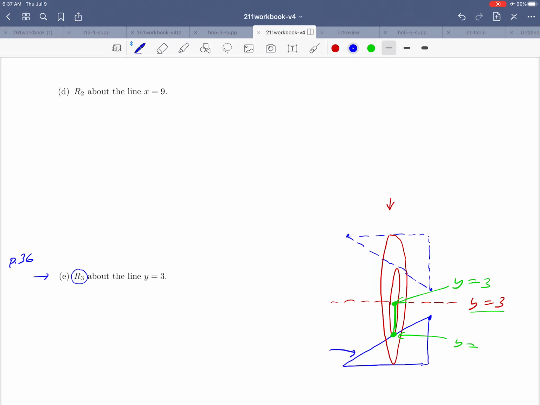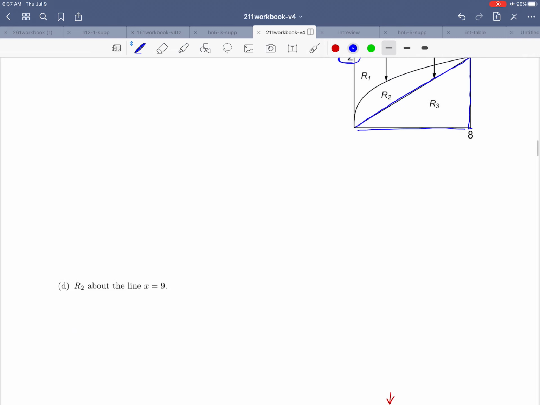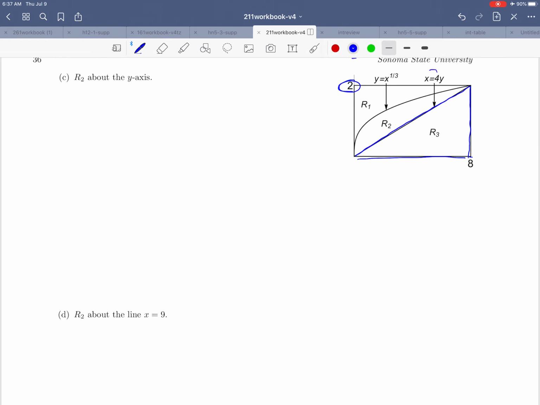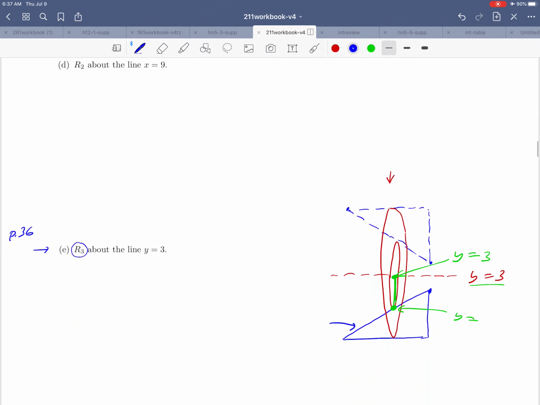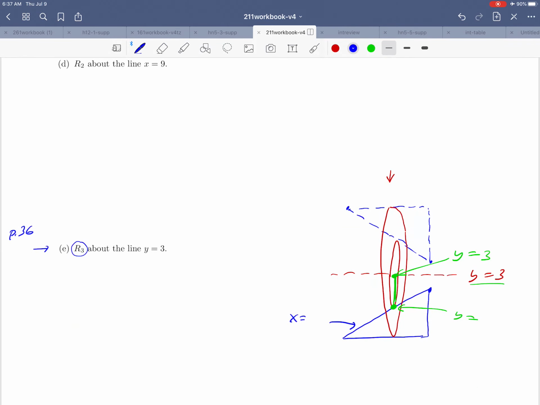So let's scroll down and see. In the picture that they gave us, they told us that that line is x equals 4y. We want to know what y is equal to on that line. How would we solve for y in that equation? We could just divide both sides by 4, and we're going to get y equals x over 4 for that point.